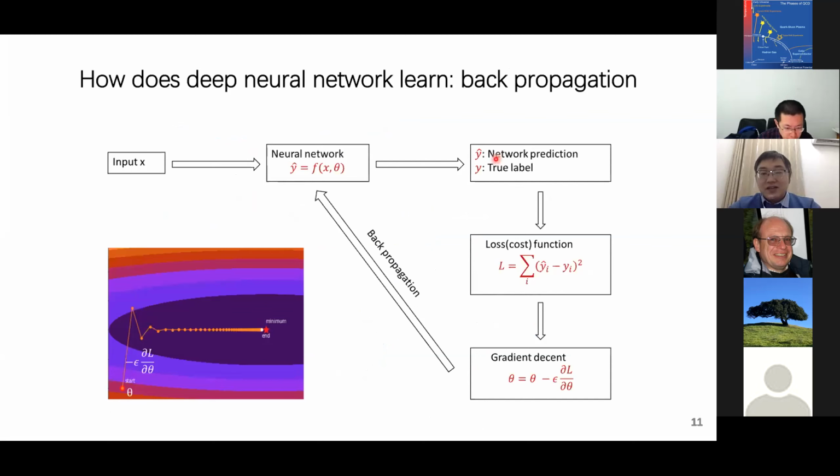Using the network prediction and the true label, one can define a loss function as a difference between them. Afterwards, one can update the neural network parameter theta using the negative gradient of this L, the loss, with regard to the network parameter. In this way, the network is optimized to minimize this loss function.